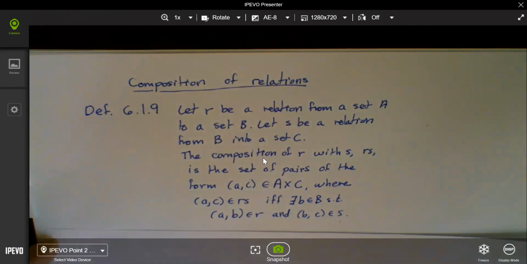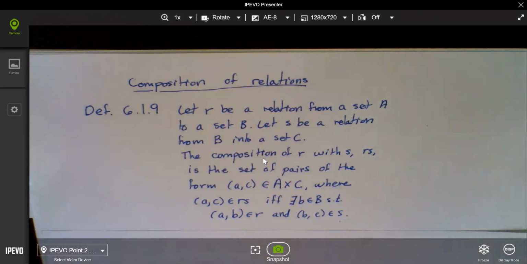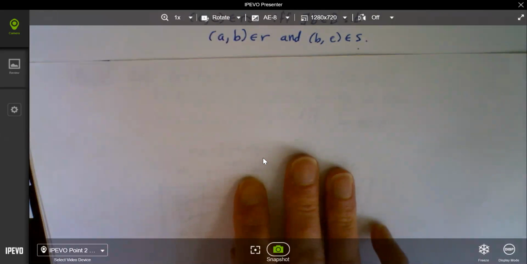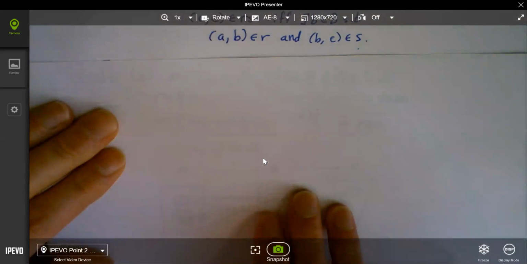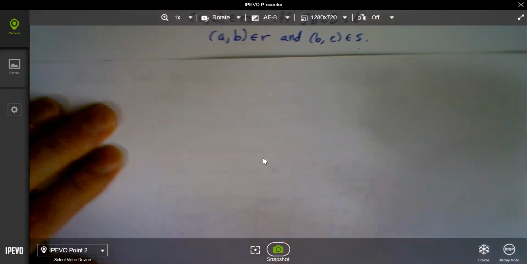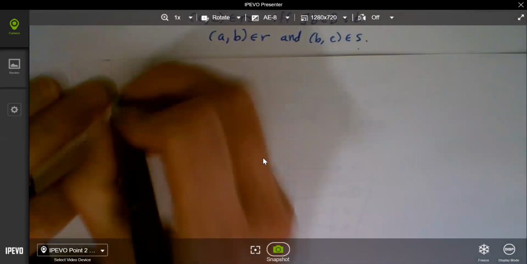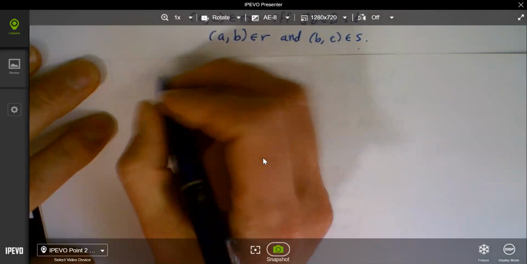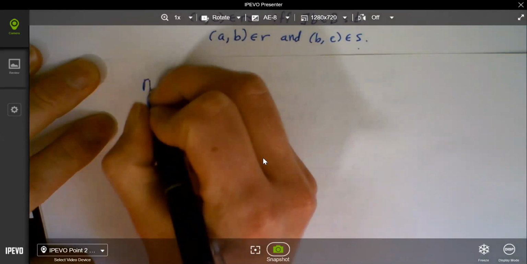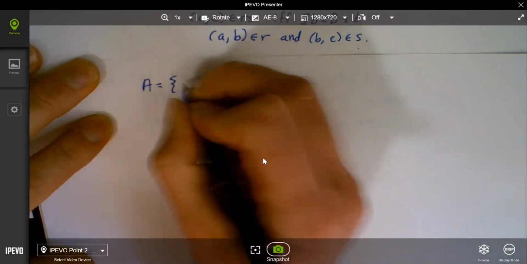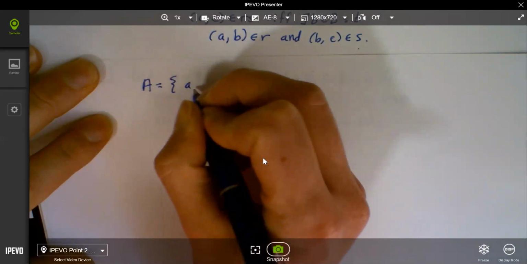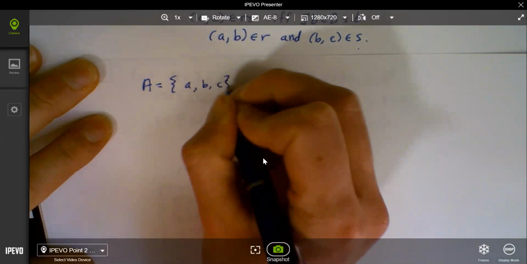In our first example, we're going to look at some simple sets. We'll have A equal the set containing elements a, b, c.